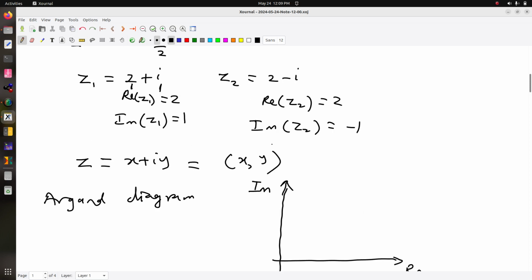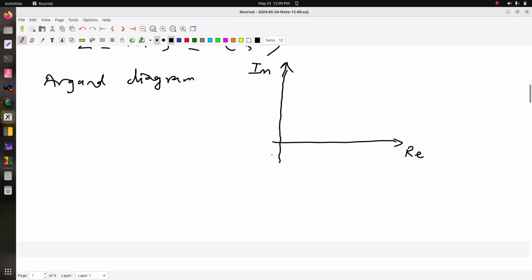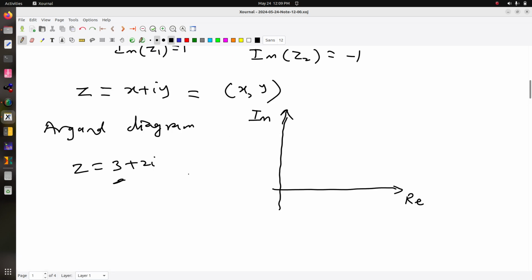For example, let's say we want to plot z equals 3 plus 2i. 3 is the real part, so it will be plotted on the horizontal axis. Let's say this is 1, 2, 3, 4, and this is 1, 2, 3, 4, and so on.